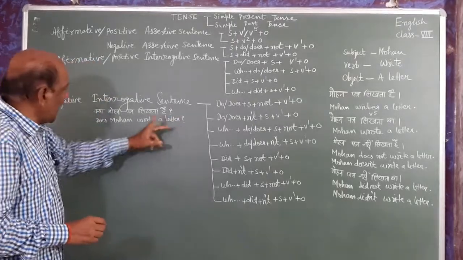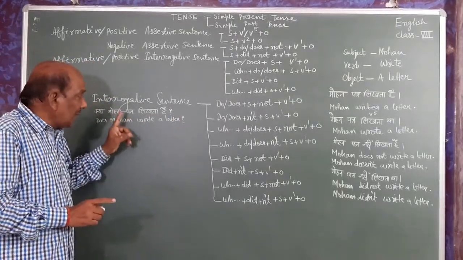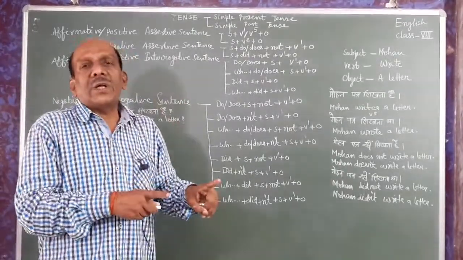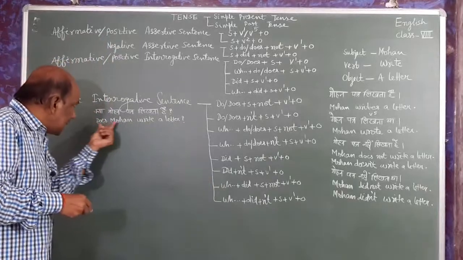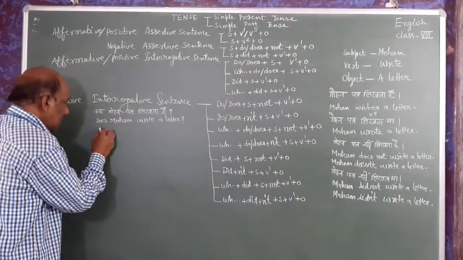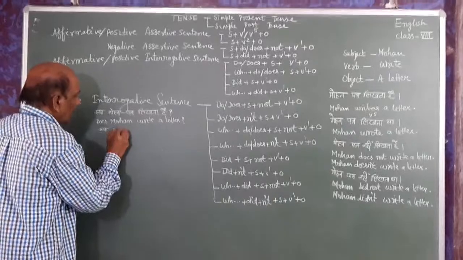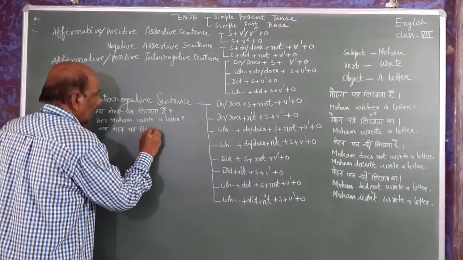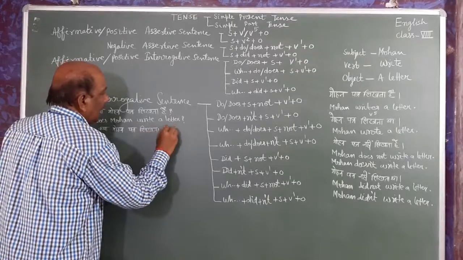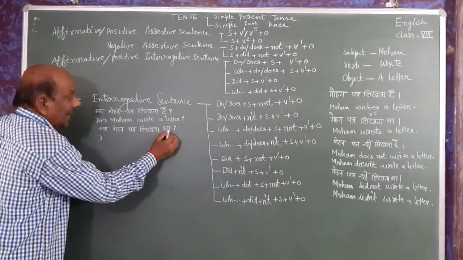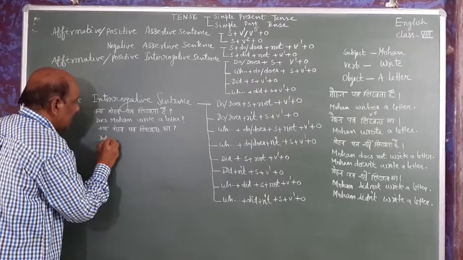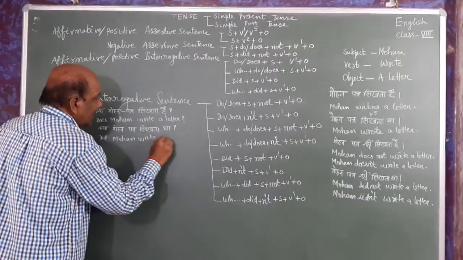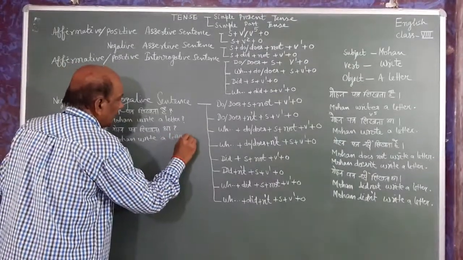And question mark. You have to remember this structure always, because in each and every interrogative sentence we put auxiliaries before the subject. In the same way, kya Mohan patra likhta tha? As we see here tha, so did Mohan write a letter?